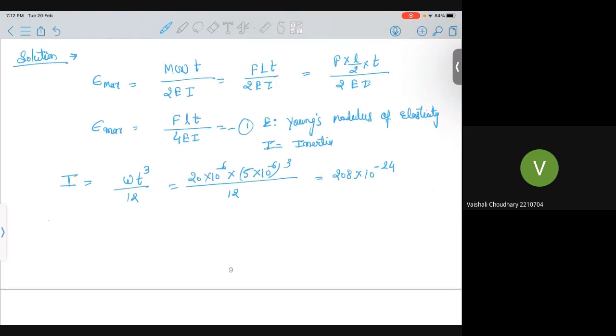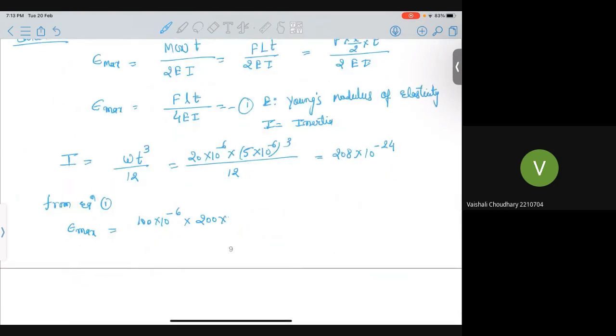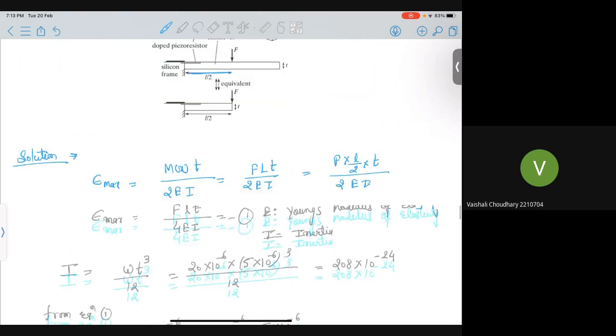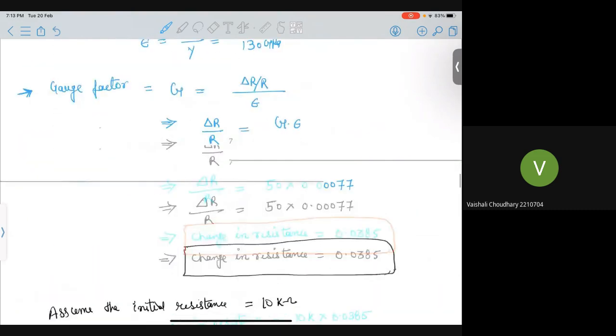So from equation 1, the maximum strain is: force is 100 micronewtons, length is around 200 micrometer, thickness is 5 micrometer, and Young's modulus of elasticity is 130 gigapascal, same as the previous question.